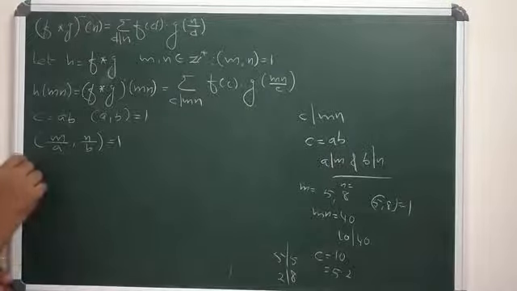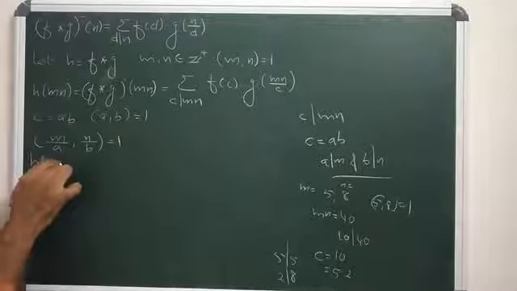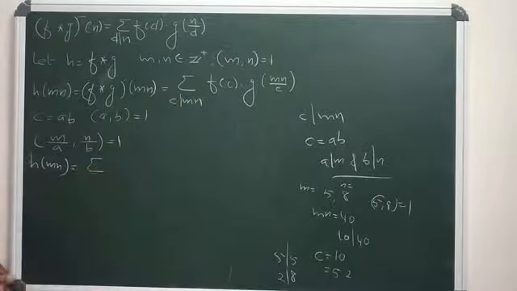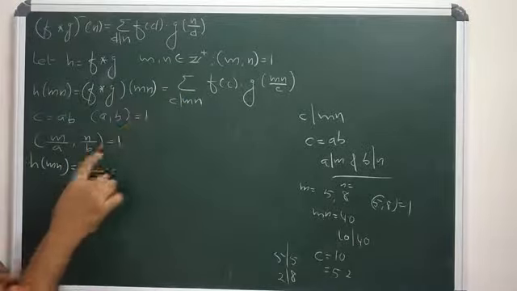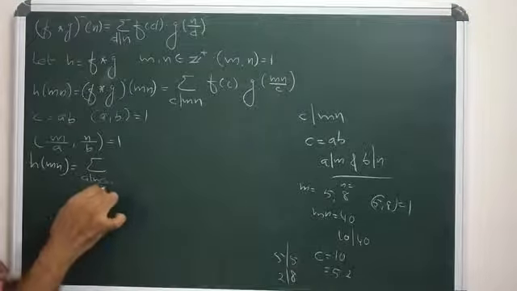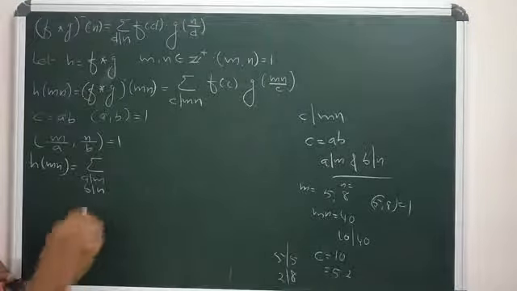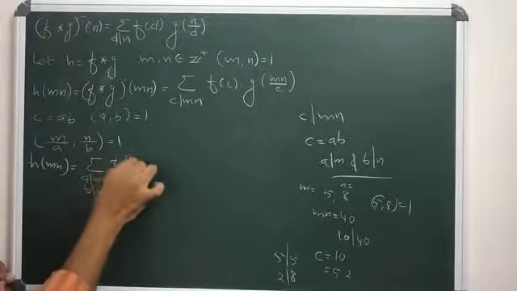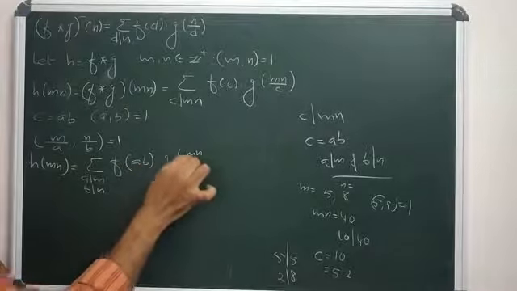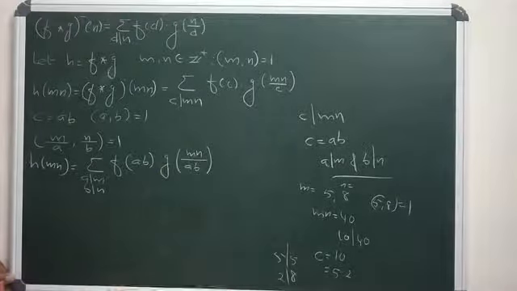Therefore, what is h of mn? Since c is of the form ab, such that a divides m and b divides n, h of mn equals the sum of f of ab into g of mn divided by ab.